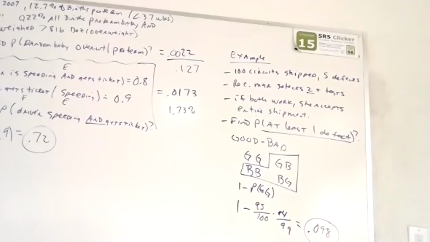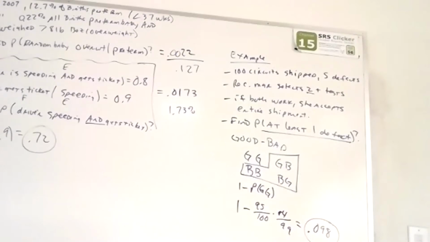So you could do that as well. I could go bad, bad. I could go bad, good. I could go good, bad. I could add all those up together too. So another way of doing this would be probability of good, bad in this case equals 95 out of 100 times 5 out of 99.